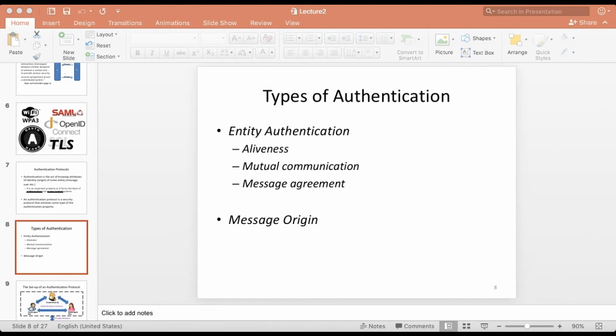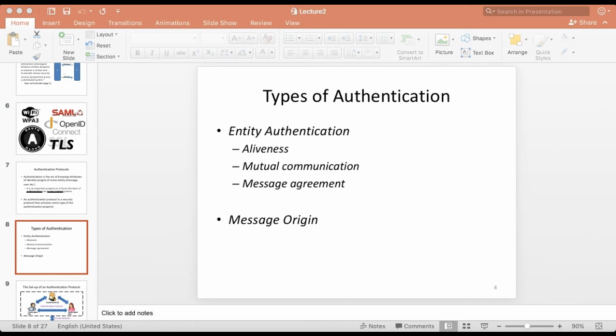They are three types of authentication related to the entity you're communicating with. Assuming you are a person talking to another person, these could be three ways of authenticating them. Or if you are a client talking to a server, again, these could be three ways of authenticating that server.